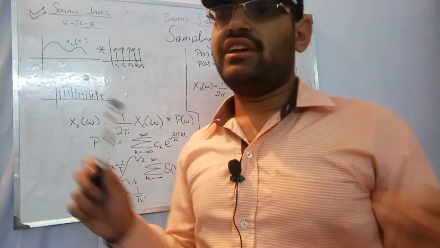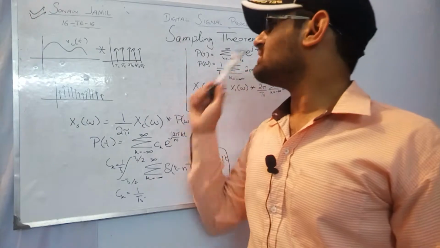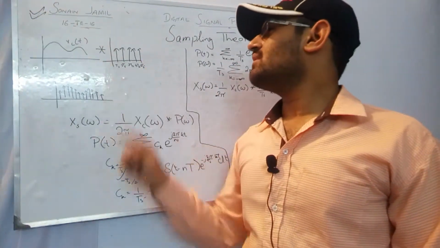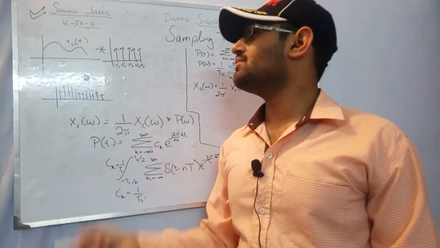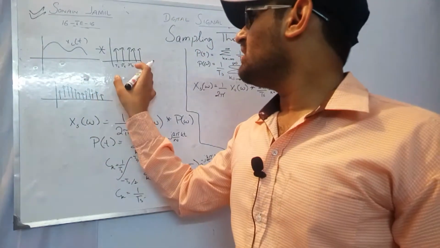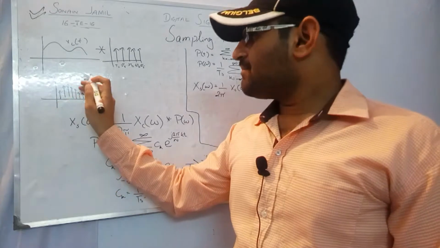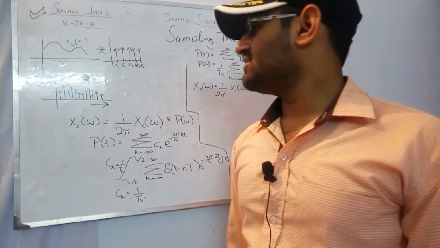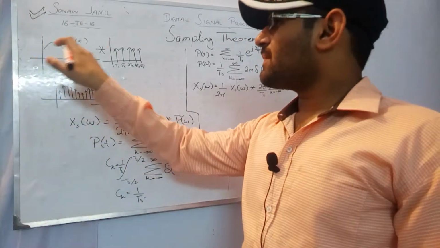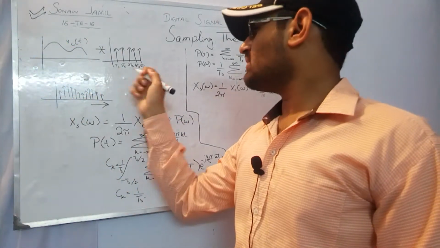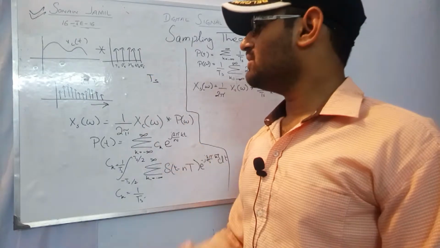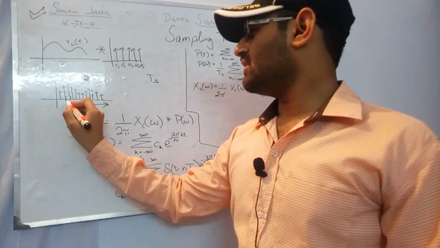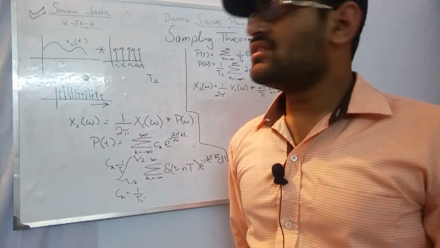Welcome. Today we will discuss what the sampling theorem is. Let's suppose I have this signal x of c of t, a continuous signal, and this is a discrete signal. How much time Ts should there be to sample this into this form?